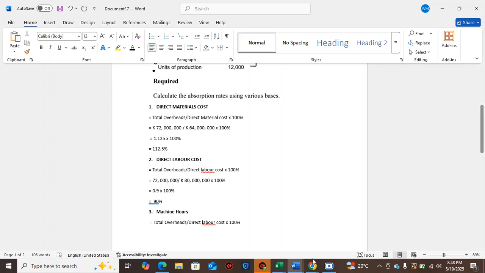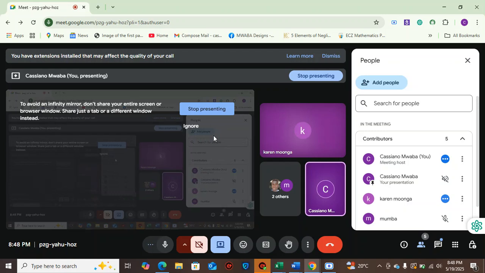No, let me help you out, madam. What you're basically saying here is that direct labor is not an overhead, and that is true. Direct labor is not an overhead. Overheads are costs that cannot be easily traced to the finished product. Now, in this case, we're just using the direct labor hours as our absorption base. We're not considering it as an overhead, but we're just using it as an absorption base. Yes, madam.